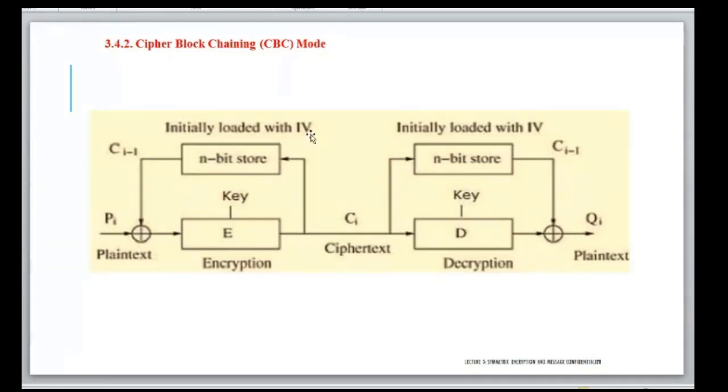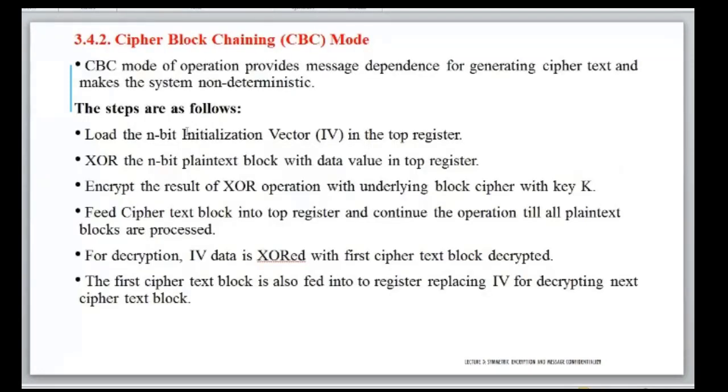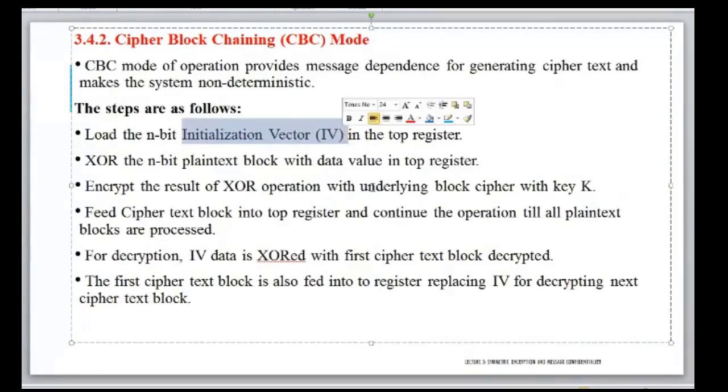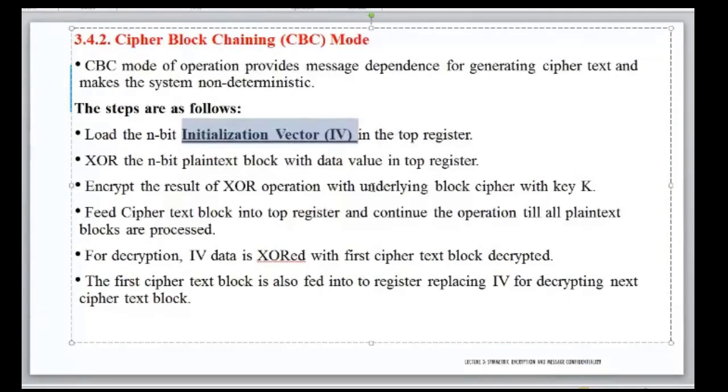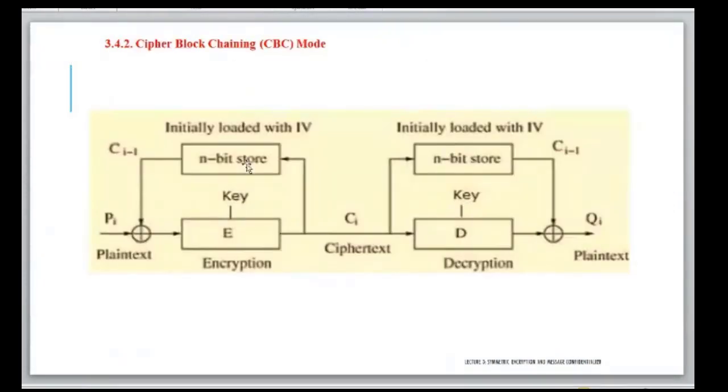What is IV, teacher? IV means initialization vector. What is this initialization vector? Some random number, some initial value, x equal to 0, x equal to 1. You are going to initialize some value here, that means a random number, a random value.